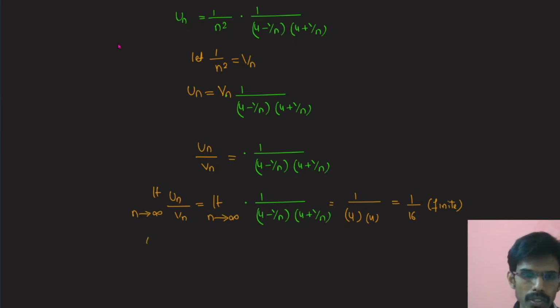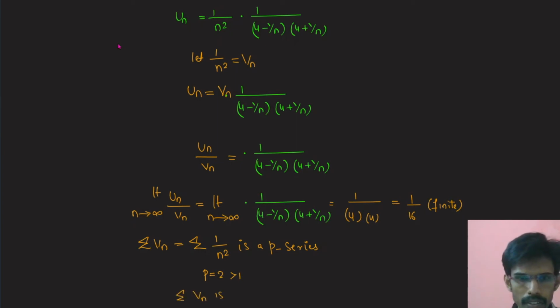Finite number means this sigma vn, which is sigma 1 by n square, is a p series with p value 2 greater than 1. That means this sigma vn is convergent.